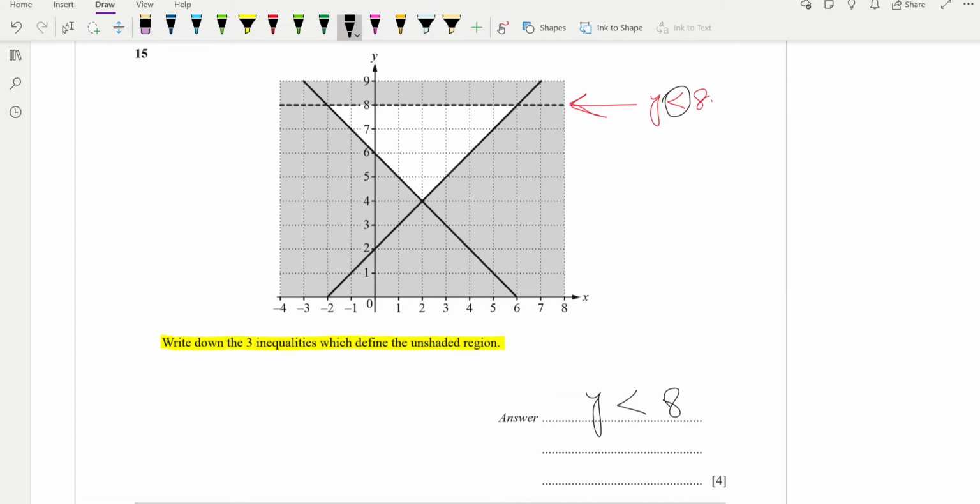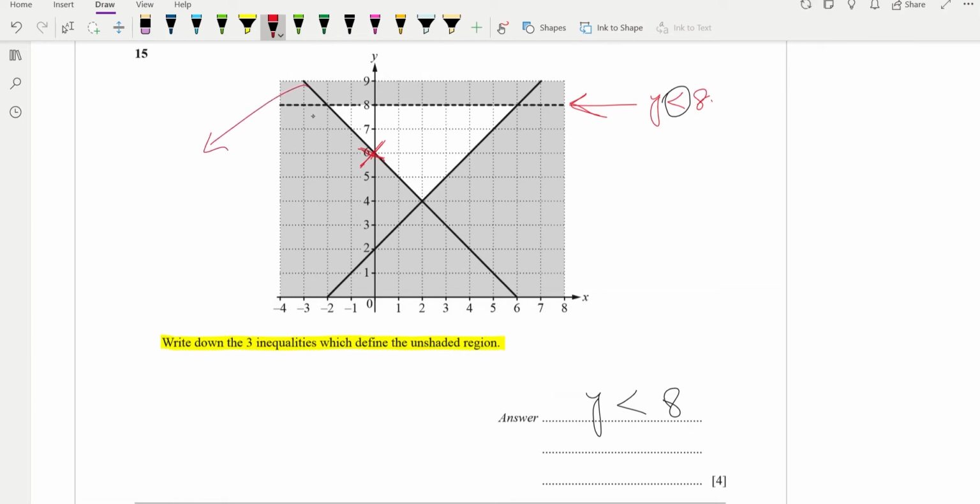The second thing which we can write is this line which is passing through this 6. So this is having y-intercept as 6. So the equation for this line will be what?